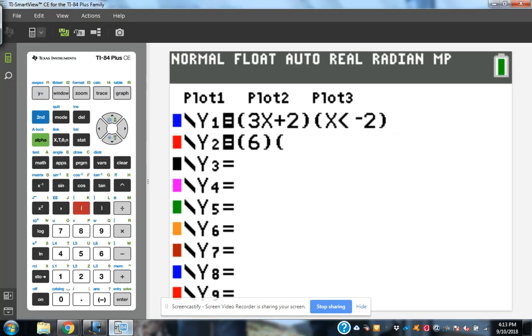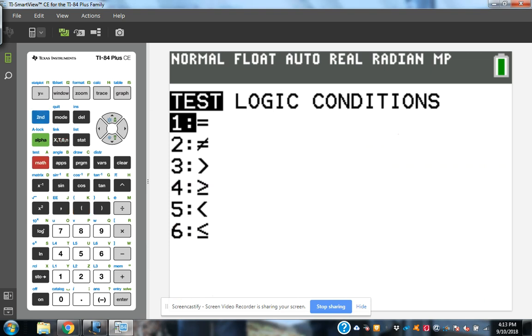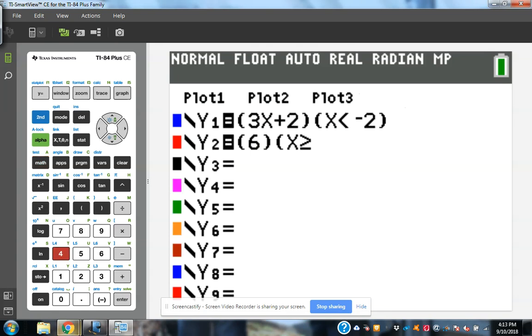So to do that, you're going to hit x, second math, greater than or equal to. We're going to do the -2 first. Greater than or equal to is 4, -2.